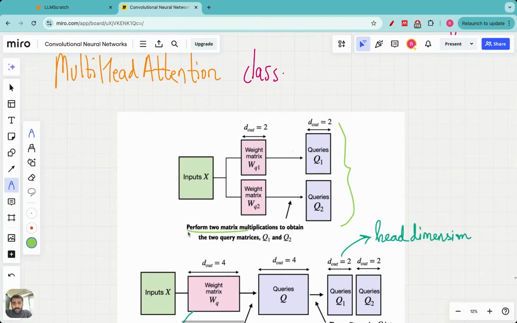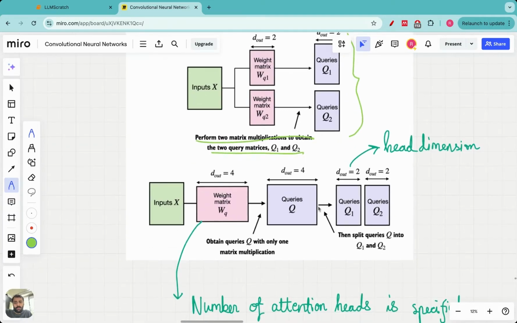We performed two matrix multiplications to obtain the two query matrices q1 and q2. What we are going to do right now is, what if the weight matrix which we start out with initially was itself a larger weight matrix, and then we multiply the inputs x with the query matrix to get the queries, and then after that we split the queries into two components.